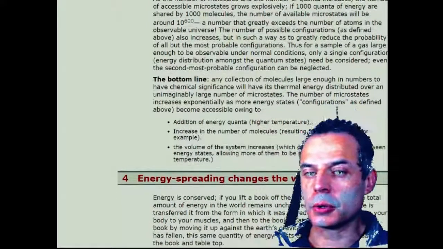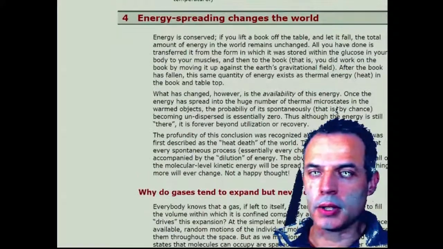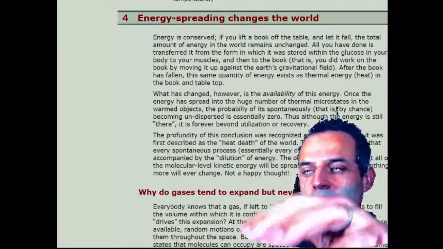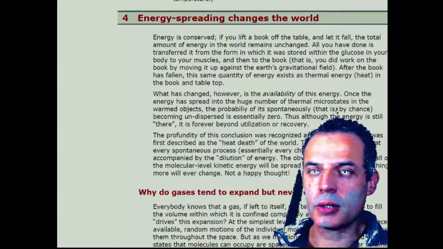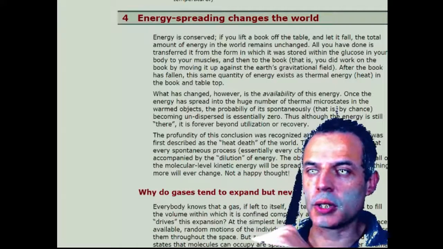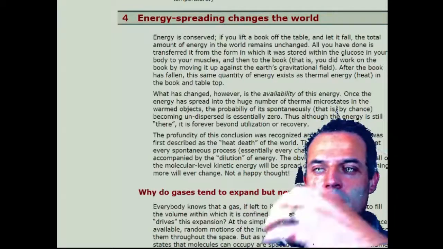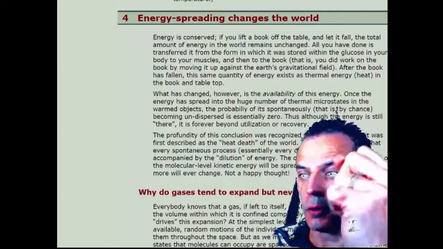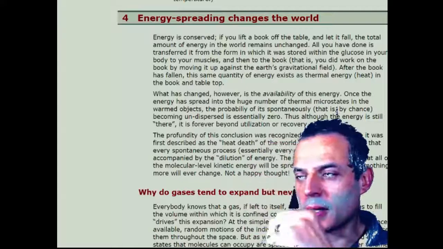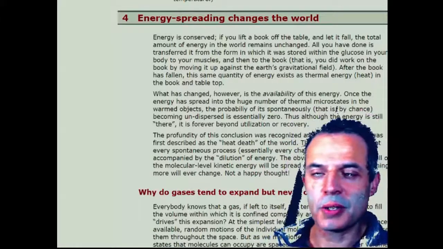And then it goes on to explain why, in this case, let's have a look at this one, dropping the book. Effectively, we're spreading the energy around, because the energy starts off only as gravitational potential energy. So nothing new has happened. When you let go of it, it converts into kinetic energy, because there is a force on the book from gravity.